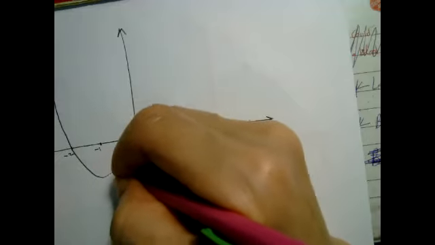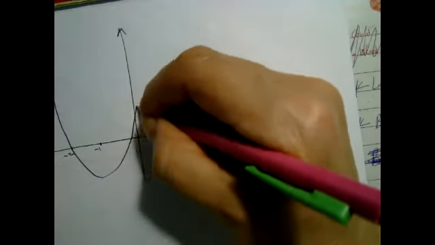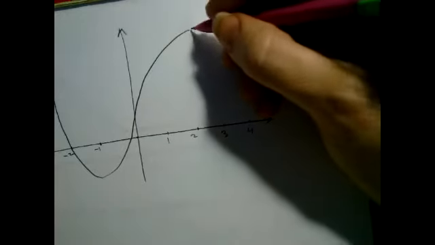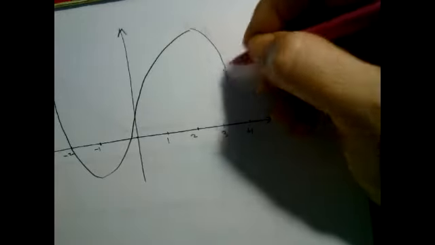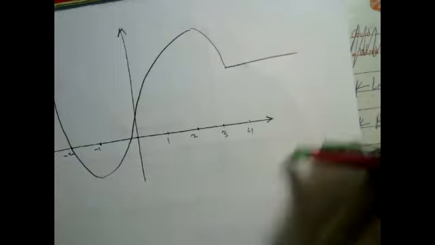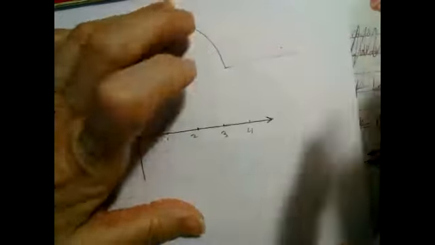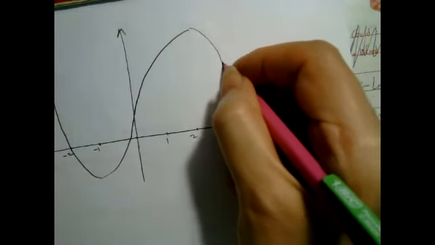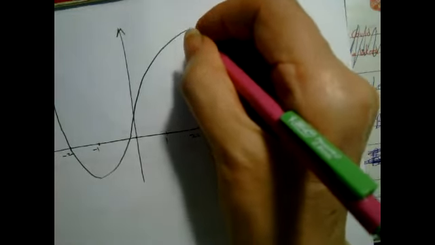Okay, and I'm going to make it look like that. And then I want it to go up. And then I want it to go down. And then constant, sorry, straight. So this is my function. That's my graph.